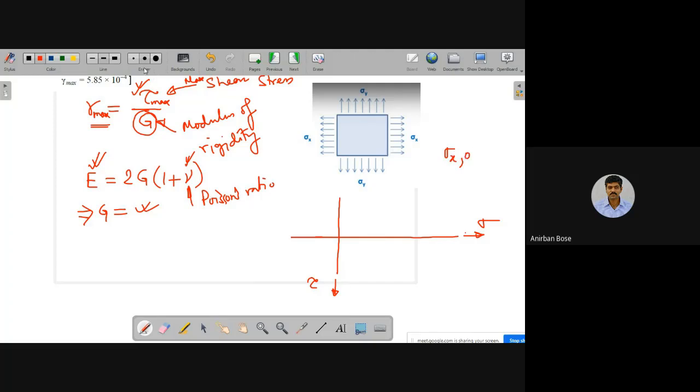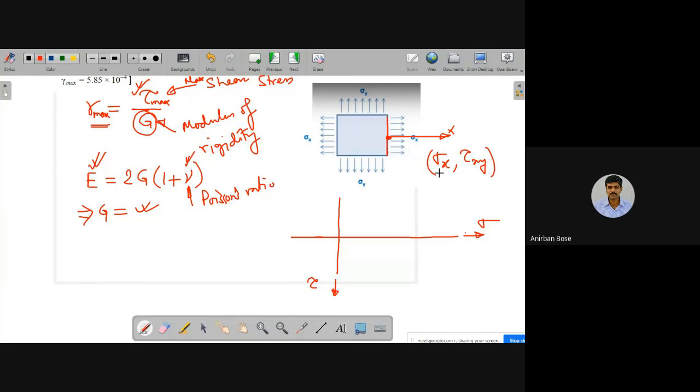Basically, what we are doing is taking the 2 points corresponding to these two planes. Corresponding to this plane, which indicates the x-axis, what is the state of stress? Only normal stress is there and there is no shear stress. So sigma x comma tau xy is the point that represents the state of stress at this particular plane.